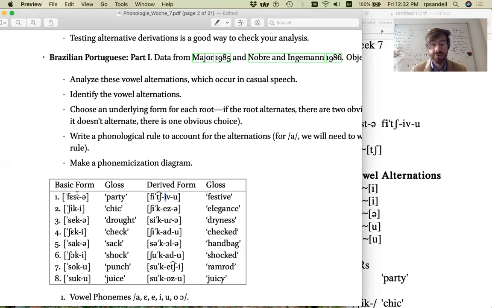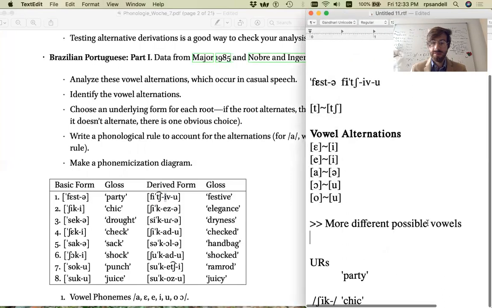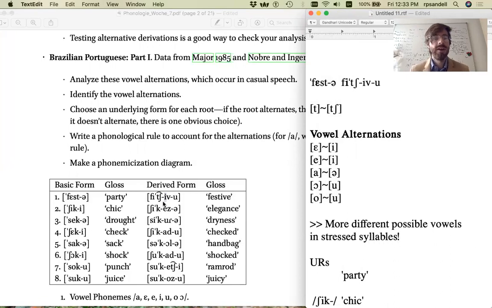So it actually looks to me like there are more different possible vowels which are possible in stressed syllables. Let's make this observation here, in stressed syllables. This is interesting.